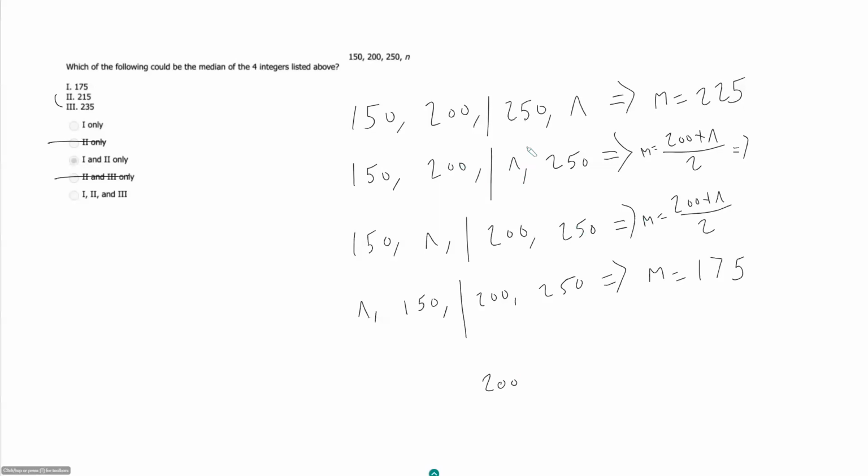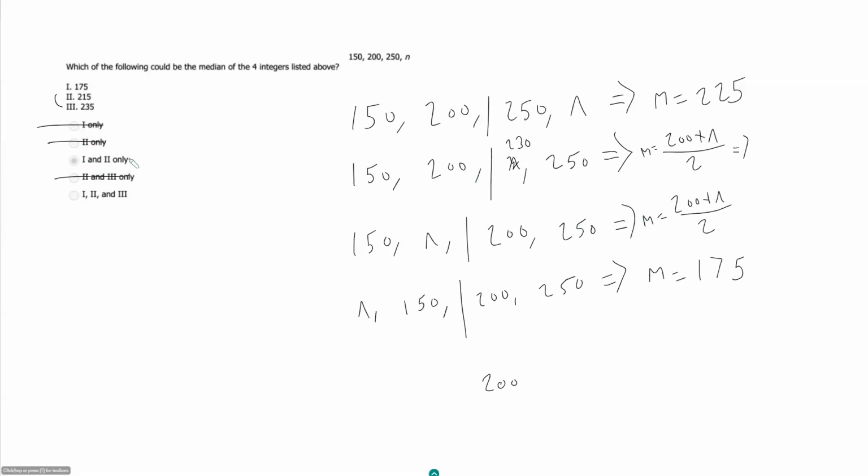Is that possible? If n is equal to 230, then we can get a median of 215. That seems to make sense. So 1 and 2 seem good.